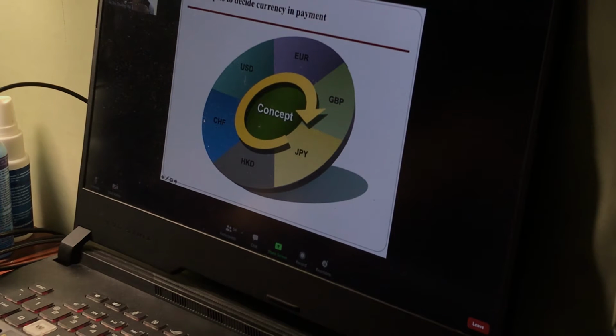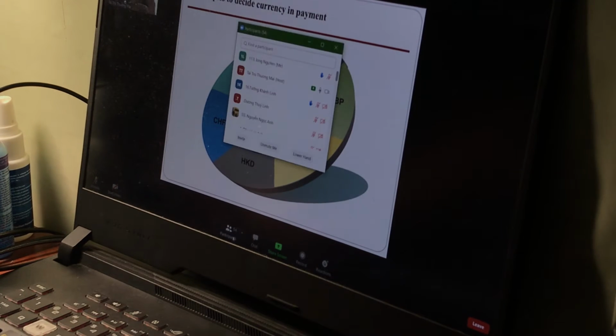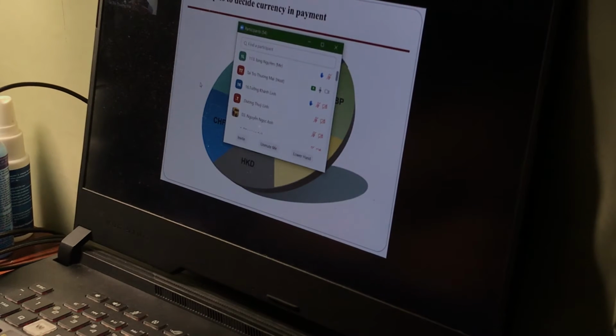Okay, so now there is no Vietnam đồng in this, no Kip Lao, no riel of Cambodia. Okay, so now my question, why do we have 3 capital letters for the currency code?